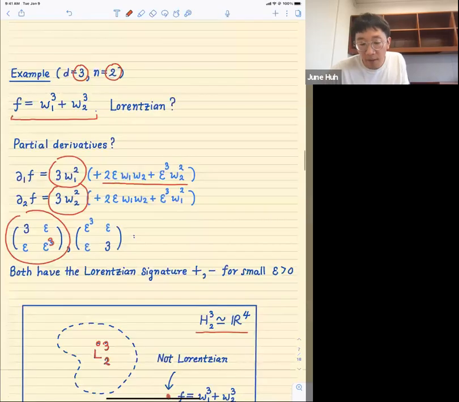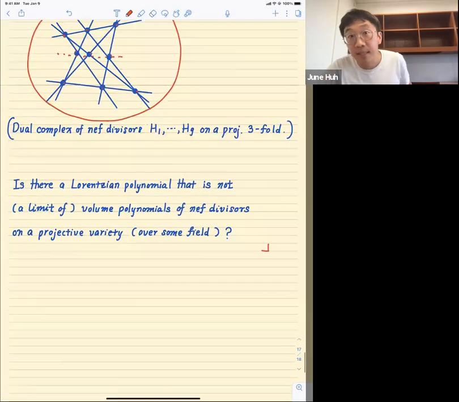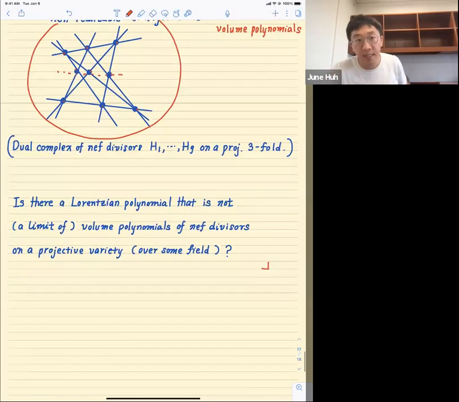But in general, I don't know a single Lorentzian polynomial that is provably not a volume polynomial of nef divisors. And you can, of course, make the question harder by putting in expressions like this.